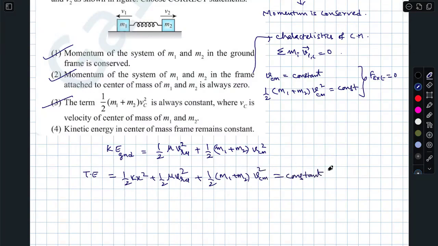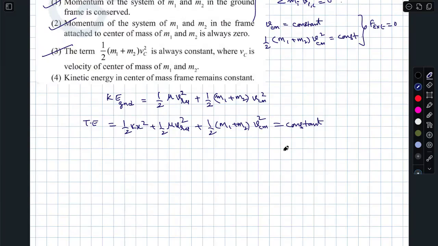I said the sum of 3 terms is constant. But remember, as X changes, V relative changes. So therefore, kinetic energy in center of mass frame remains constant is wrong.